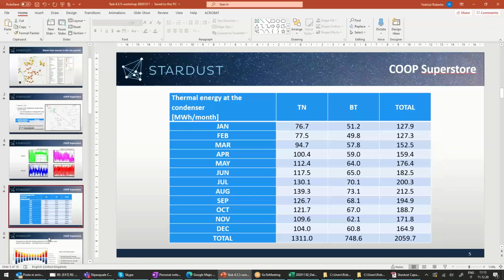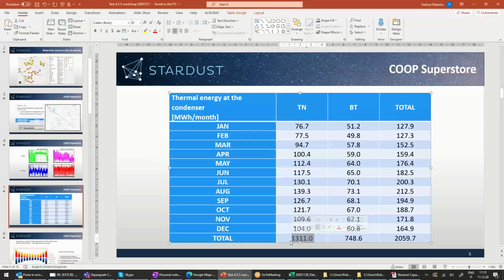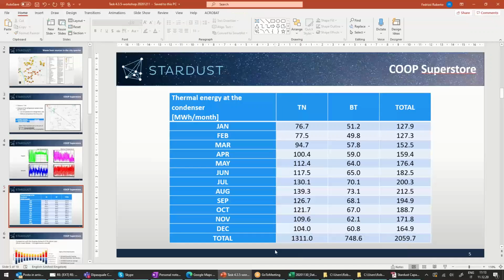In terms of monthly distribution of energy, so now we move from power to energy, which is made available. You see that the medium temperature chiller rejects into the air something like 1,300 megawatt hours on a yearly basis.